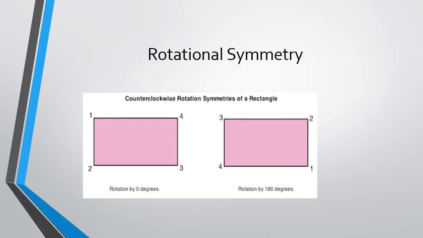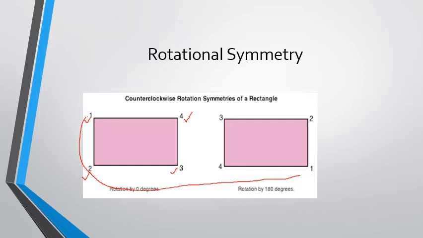Now the rotational symmetry. This rectangle has a rotational symmetry of order 2. You can see over here, the vertices of this rectangle are denoted by the numbers 1, 2, 3 and 4. If you rotate it in such a way that this 1 comes in this place over here, then you can see it looks similar to the previous diagram.